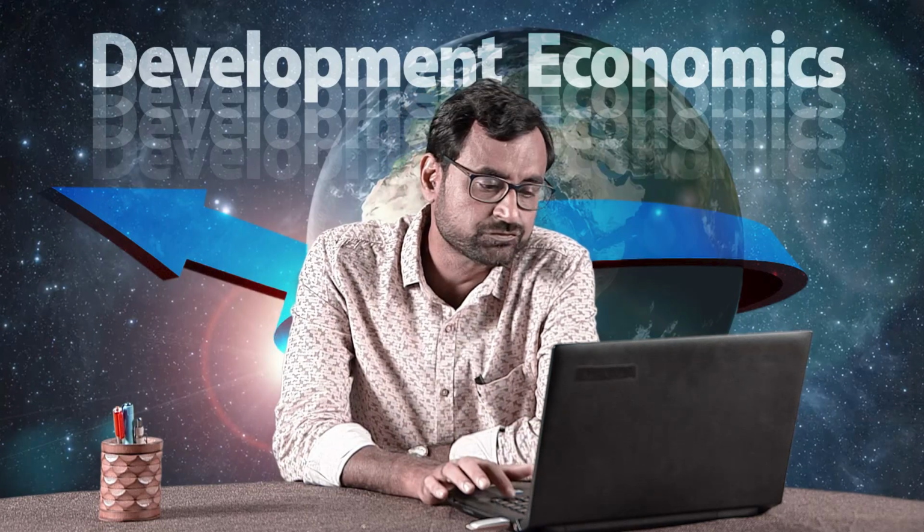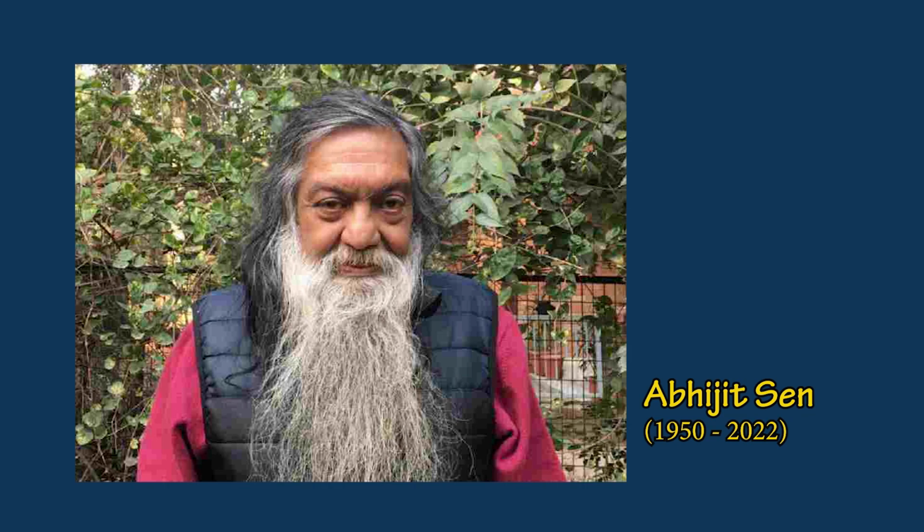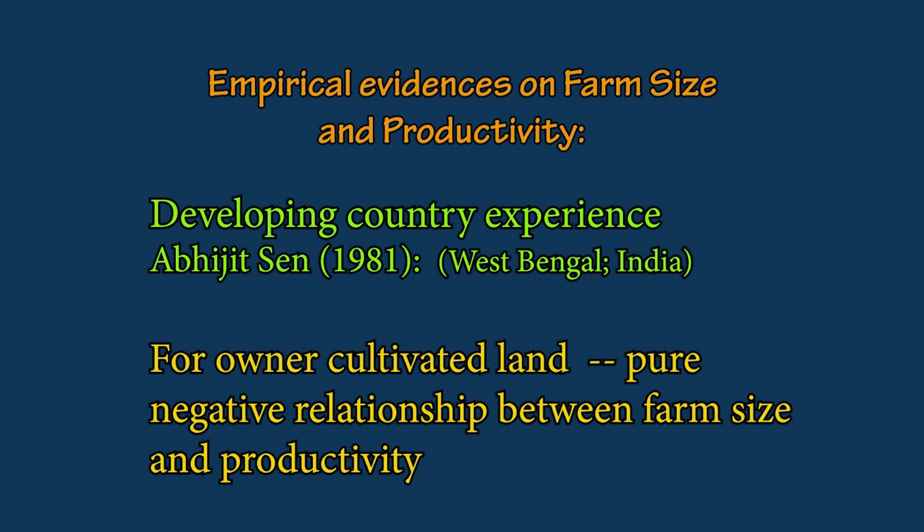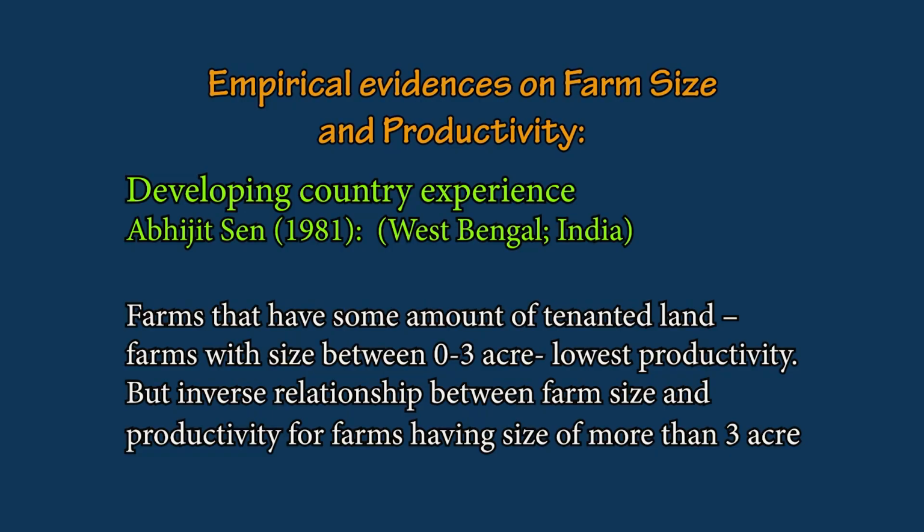Now, let us move to the case of developing country experiences. Let us start with the observation of Abhijit Sen, who conducted research on West Bengal, a state of India. What Sen found can be summarized in this way. For owner cultivated land, there exists a pure negative relationship between farm size and productivity. But what about the farms that have some amount of tenanted land? It was observed that the farms with size between 0 to 3 acres have the lowest level of productivity.